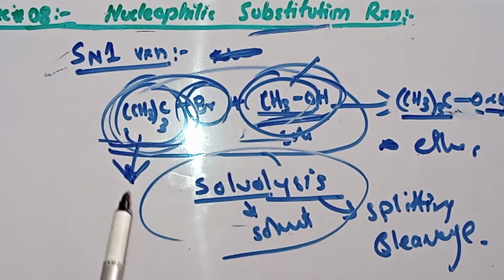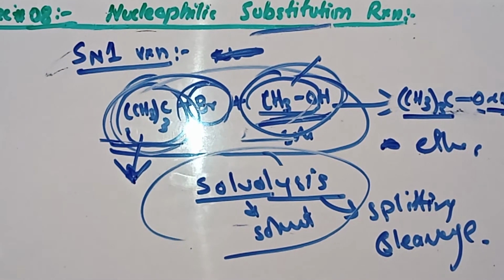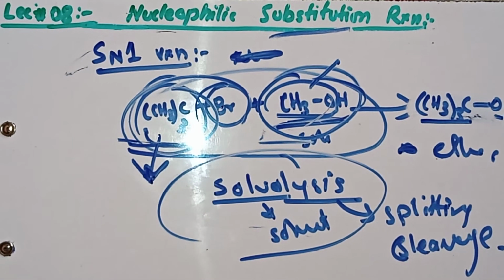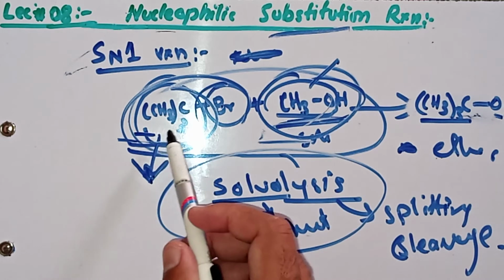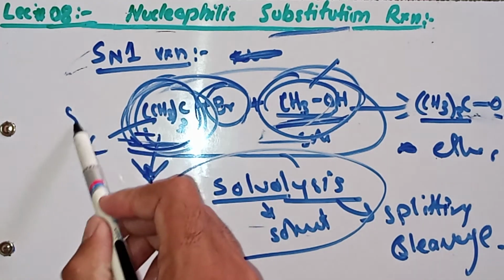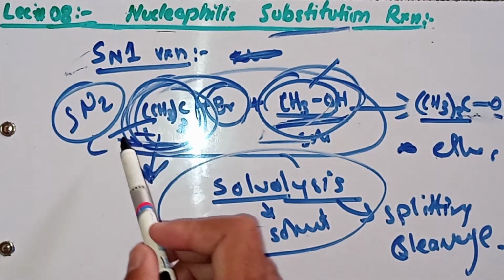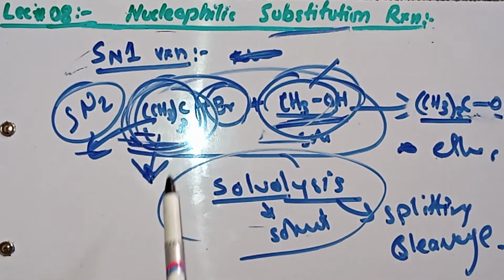This reaction has its own mechanism and its own way of reacting, and its own rate, because tertiary butyl is a very poor substrate in the case of Sn2, while it is a very good substrate in the case of Sn1. So Sn1 and Sn2 are very different from each other.